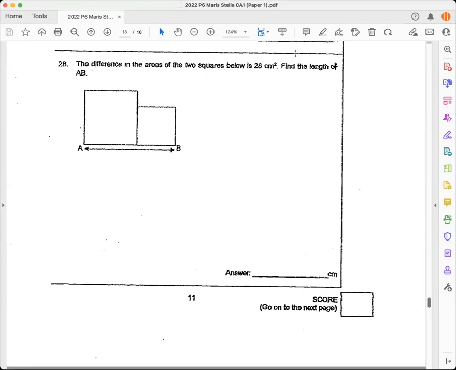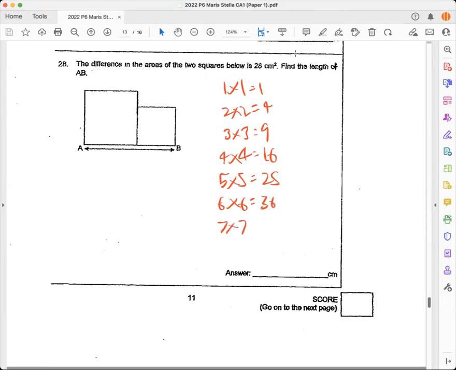What are the possible areas of these two squares? I know it's a square, so it's either 1 times 1, or 2 times 2, 3 times 3. So let's list down all the possible dimensions of the squares, up to 64. Stop at 9.